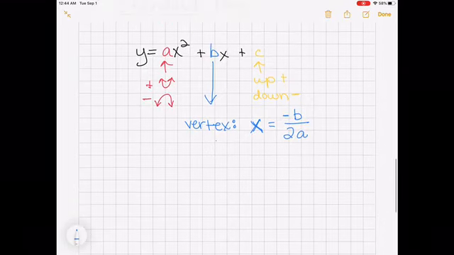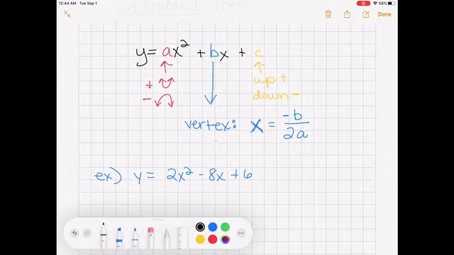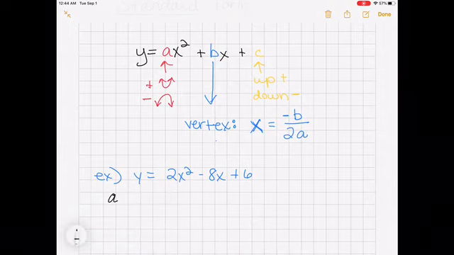So here we go. Let's say, for example, we've got y equals 2x squared minus 8x plus 6. So let's make things easier on our eyes, and we're going to label a, b, c.